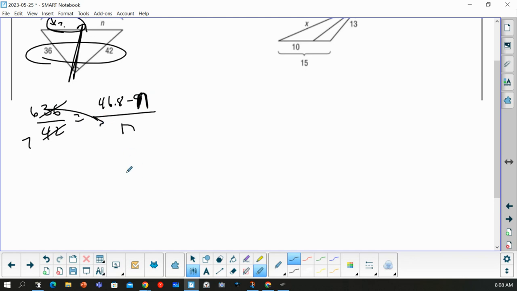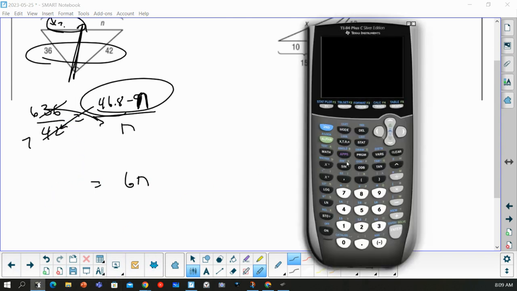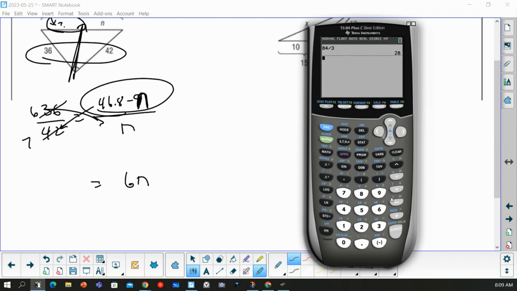6 times n is 6n. 46.8 minus n times 7. I need to grab my calculator. 46.8 times 7 is 327.6, minus 7 times n, 7n.